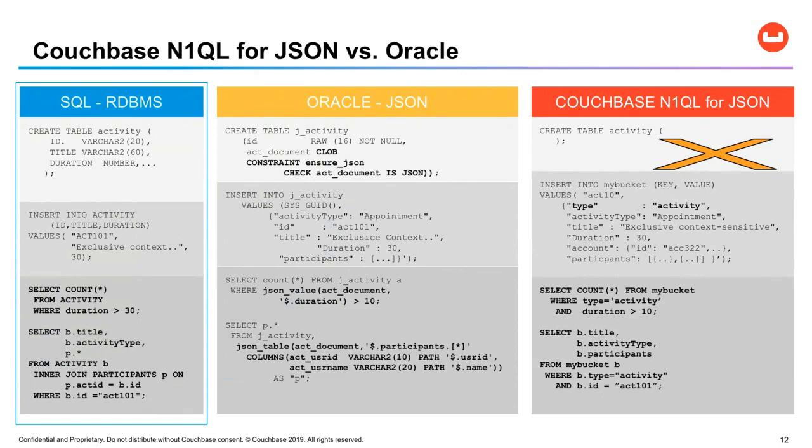This allows organizations to benefit from the high throughput, low latency, and elastic scalability of Couchbase NoSQL, and at the same time allows developers to leverage their familiarity with SQL. There's very little new syntax that you need to learn with Couchbase NoSQL. Actually, of all this JSON support in today's NoSQL, the Oracle way of supporting JSON looks rather complicated.